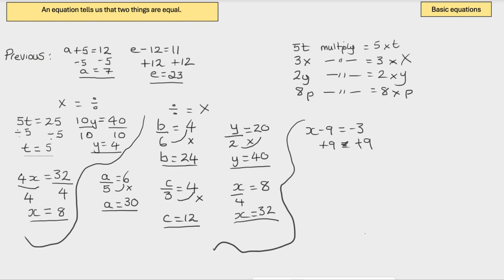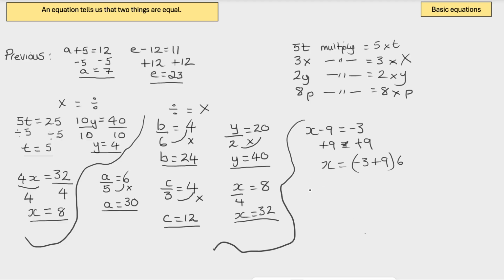And plus 9. So we've got x on its own because minus 9 plus 9 is nothing. So x equals minus 3 plus 9, which equals 6. So our x equals 6.